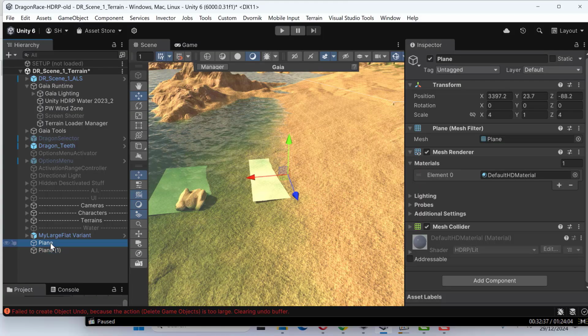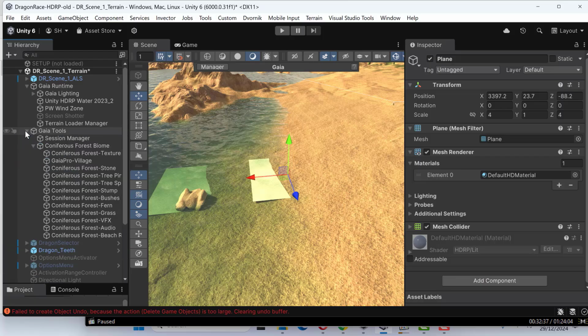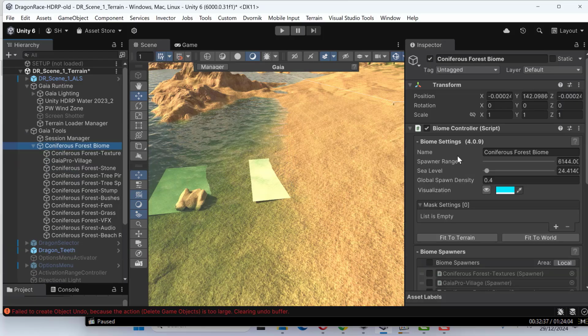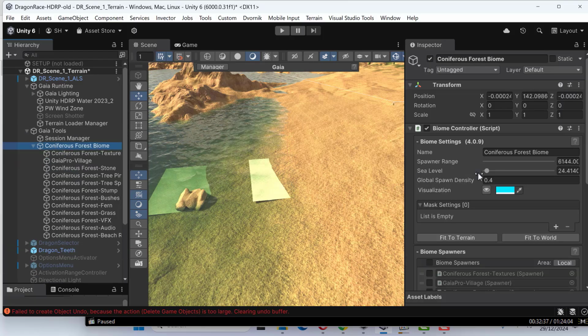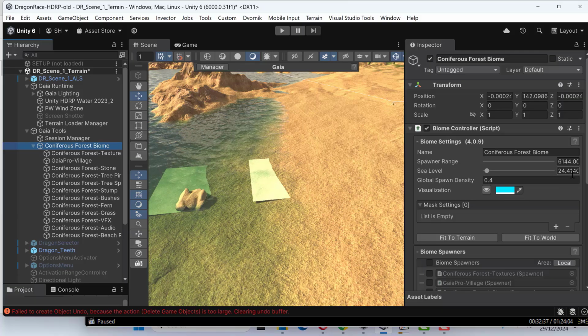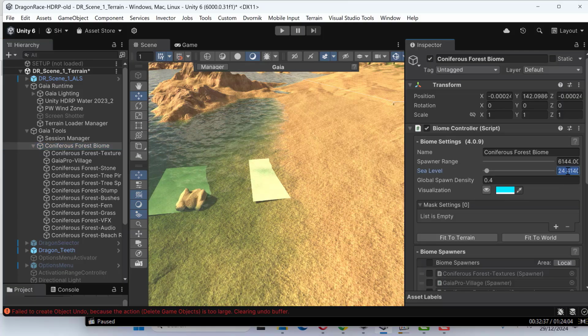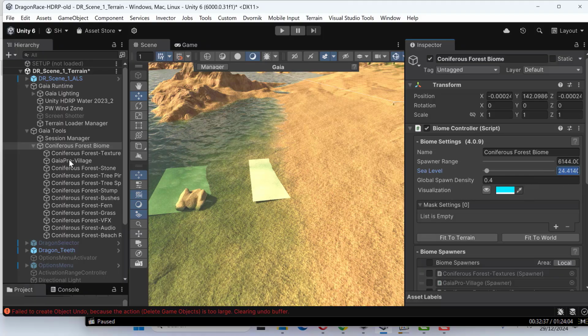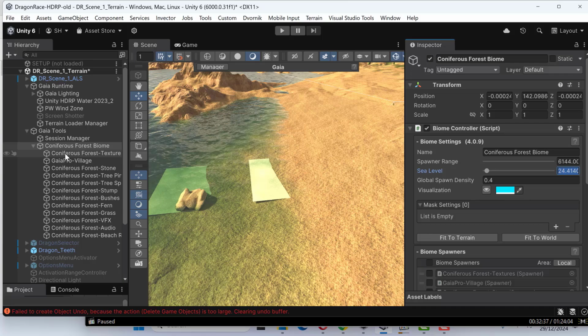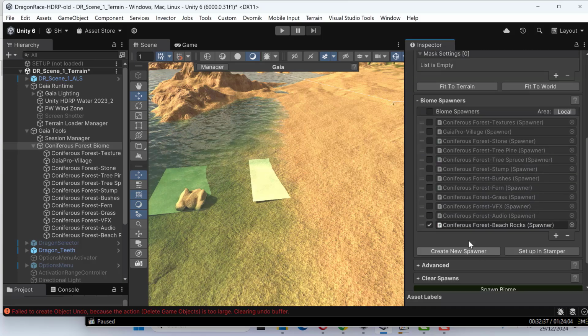22 and 23.7. Now if we go into Gaia, let's see what it actually says. The sea level is 24. I'll copy that just in case. Right, we'll go back in and make sure that that's the only one that's turned on.